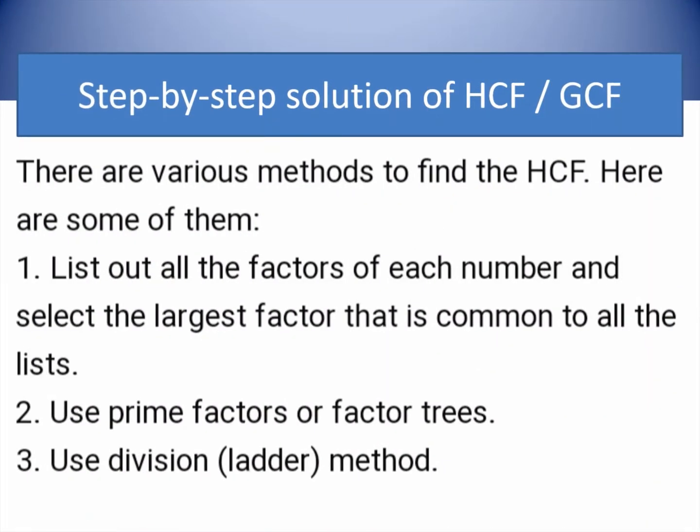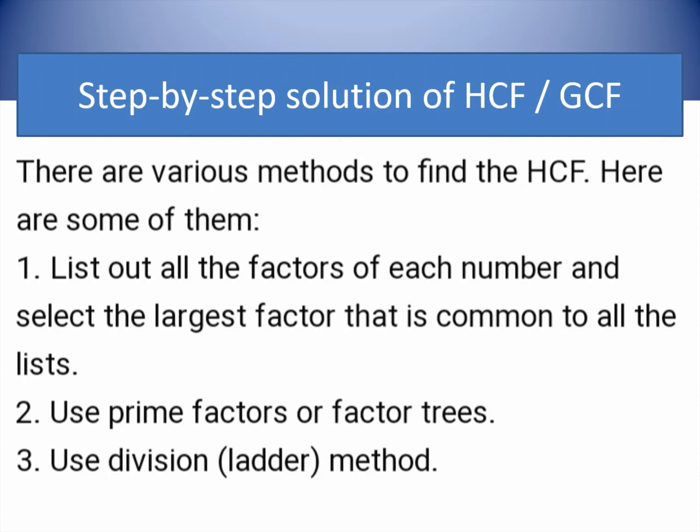Now we shall review how we have found the HCF or GCF. There are various methods to find the HCF, highest common factor, or GCF, greatest common factor. Number 1. List out all the factors of each number.